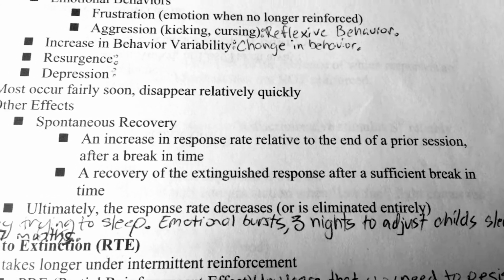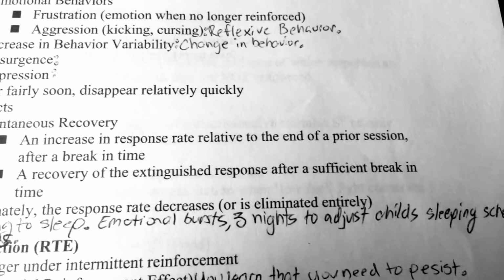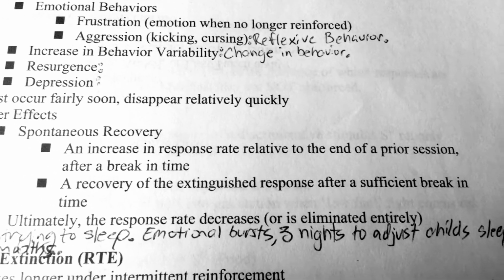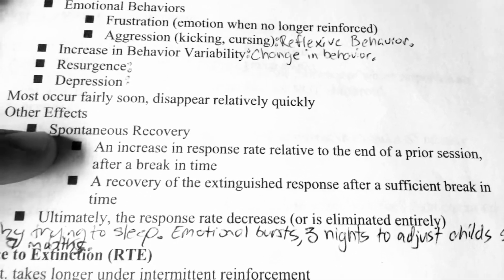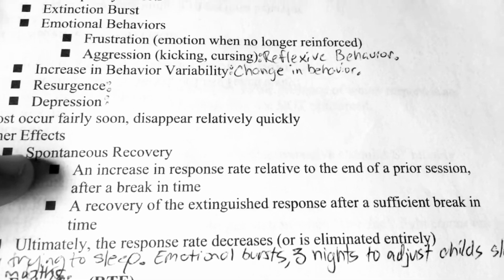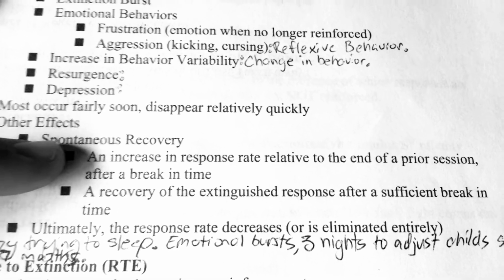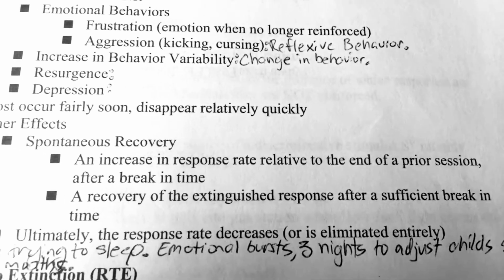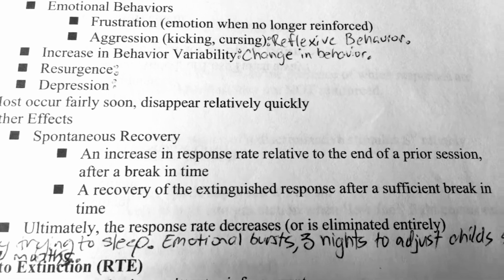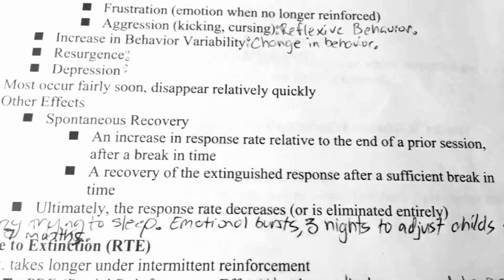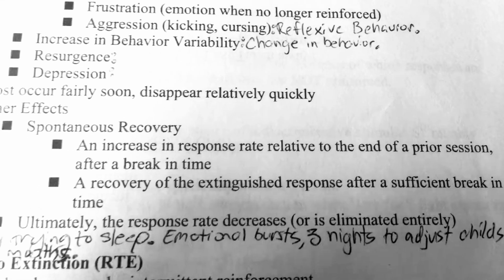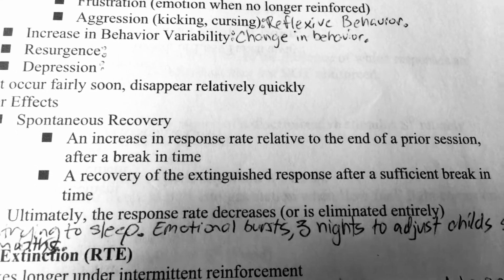Spontaneous recovery is an increase in response rate relative to the end of a prior session after a break in time. So if you cut your stimulus or your reward, your subject will continue to look for that reward, and quite possibly increase the rate at which they cry, or maybe the animal will have a burst of activity in search of that reward.